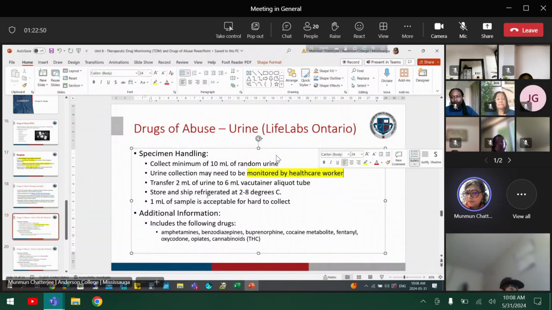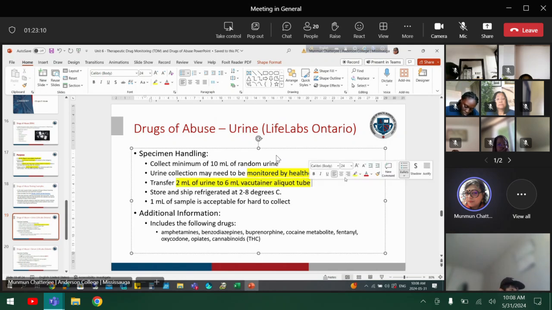Transfer 2 ml urine to a 6 ml vacuum aliquot tube, store and ship refrigerated at 2 to 8 degrees centigrade. One aliquot sample is acceptable for hard to collect.